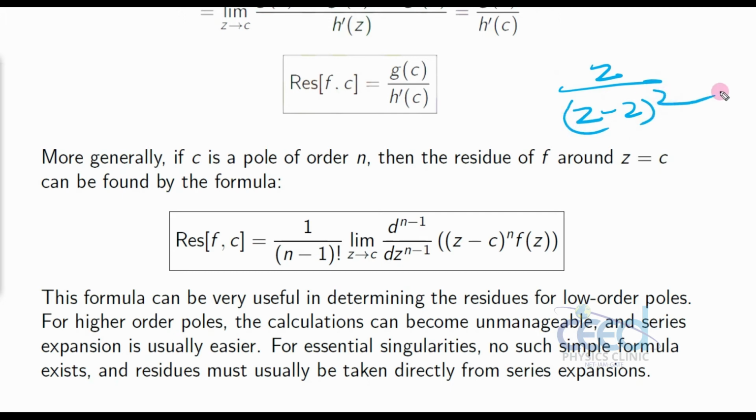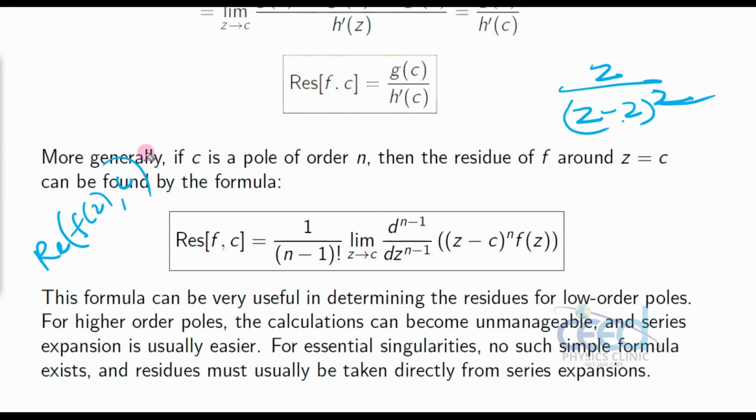In such a situation, z is equal to 2 is a pole, and this is a second order pole, right? At that time the previous equations are not valid. At that time you have to apply the residue of f of z at the point c, where 2 we can take as c in the general expression.